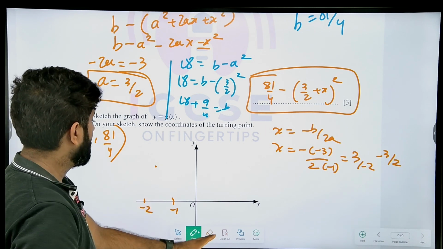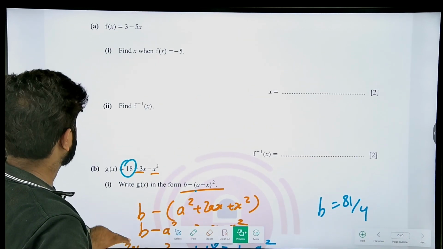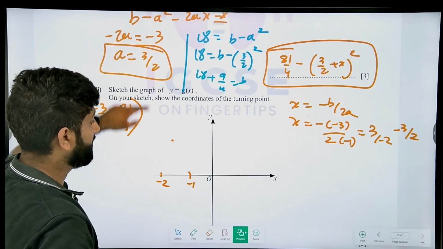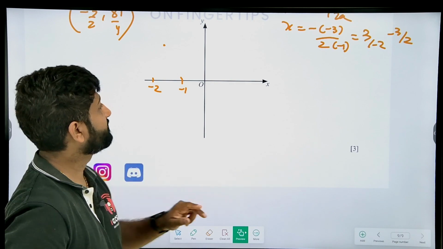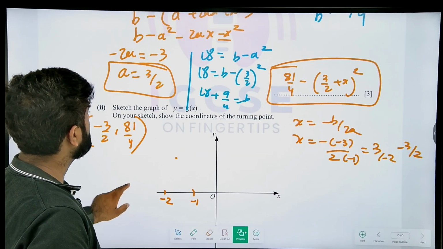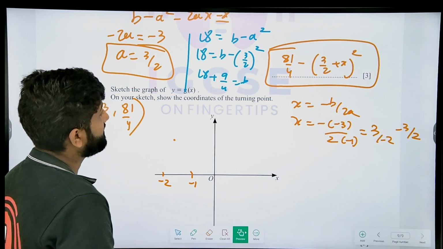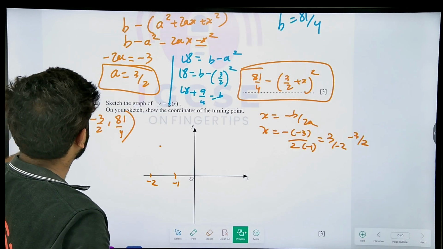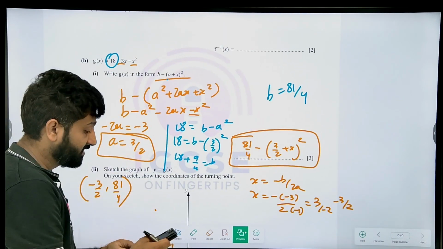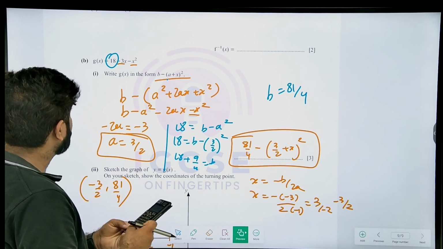And what are my intercepts? Can I find the intercepts? I think I can. This question is of 3 marks, so it is better that you do find the intercepts. Now, intercepts means the points where the graph crosses the x-axis.